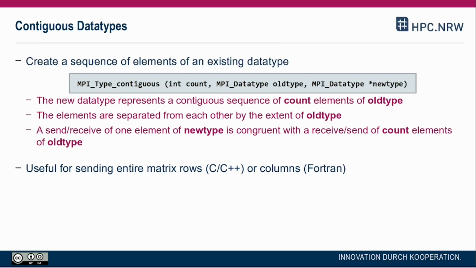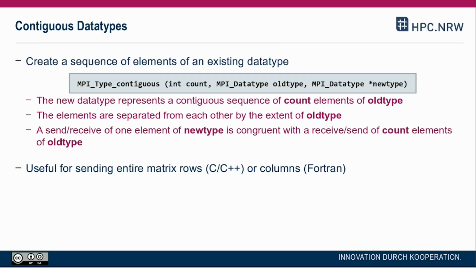So you basically derive a new data type that has a more complex memory pattern from a simpler one. Yeah, so you don't necessarily have to derive a new type all at once. So as such, you have different creation routines that are a little bit simpler in their design, so it's easier to reason about them.